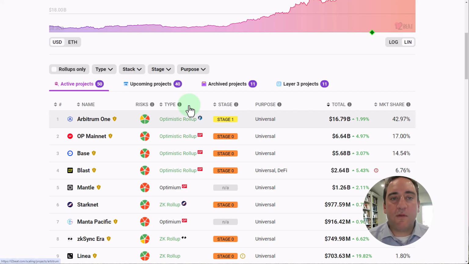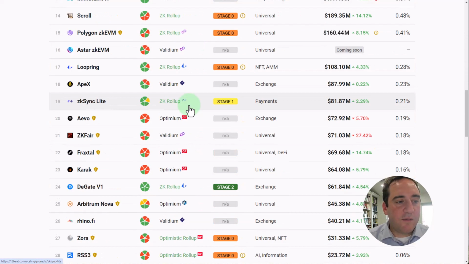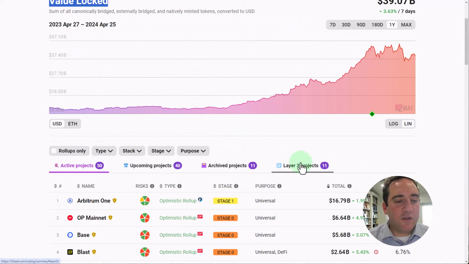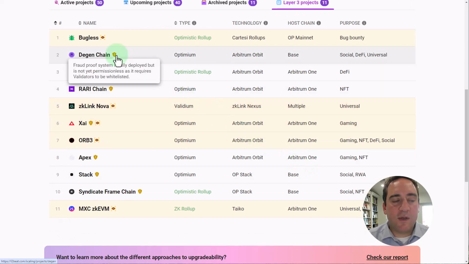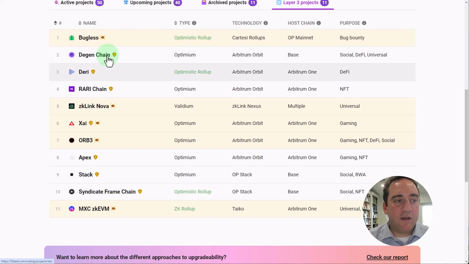If it's optimistic rollup or ZK rollup, it's all documented here. And then you can also look at layer 3 projects, like the dGen chain that we talked about when we were talking about on-chain trading, using the trading terminals and the bridging services also.